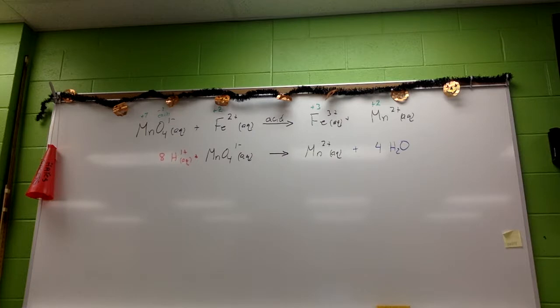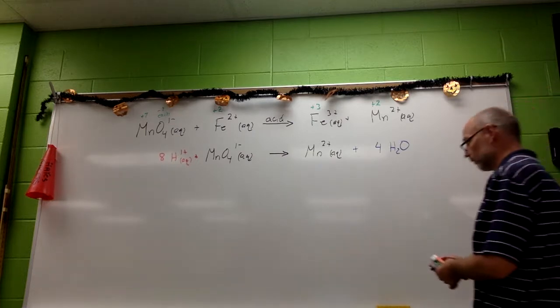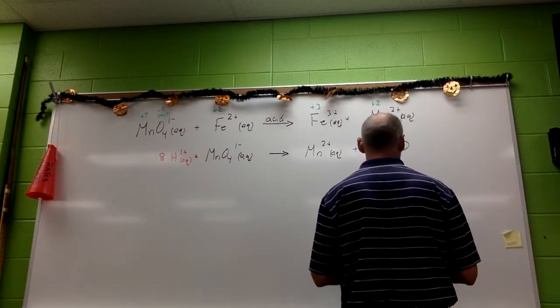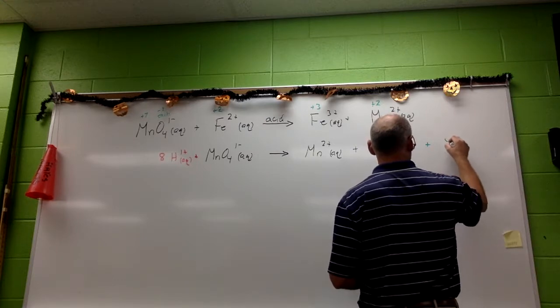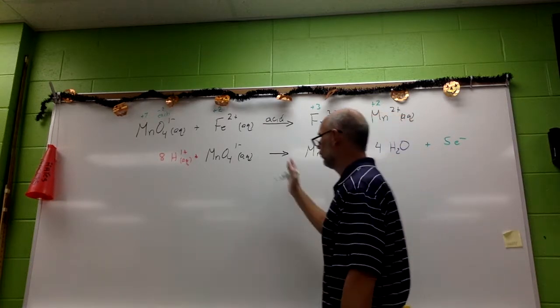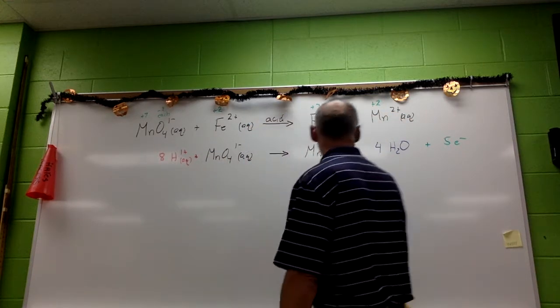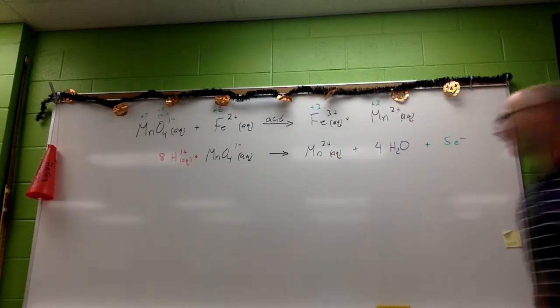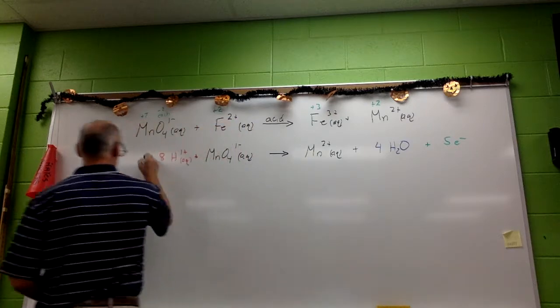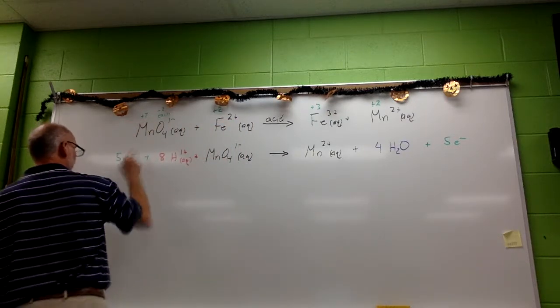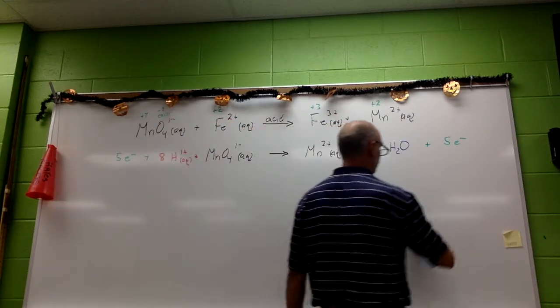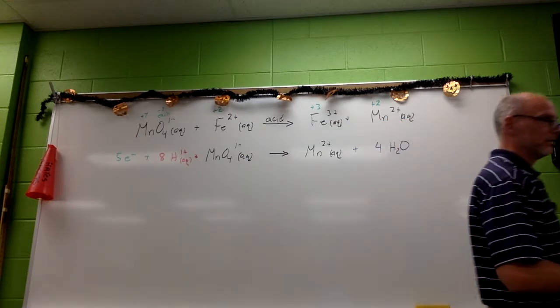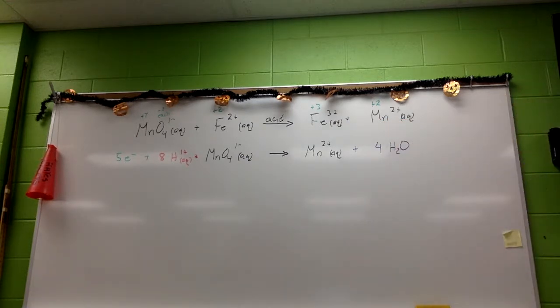I need to add 5 electrons. Net charge of +7, net charge of +2. No, you can't put them there. They have to be over there. Well, literally unwrite that in pen.